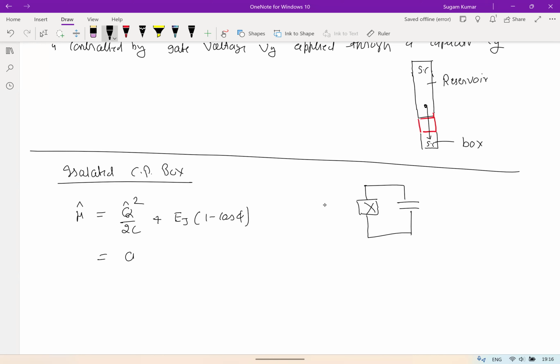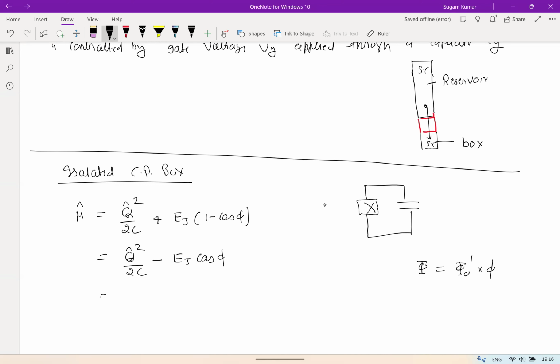And of course, I said that I can drop one EJ, and this is going to become EJ cos phi. Look at here. I also discussed that capital phi equals phi naught dash into small phi.